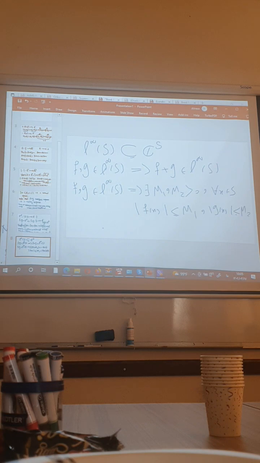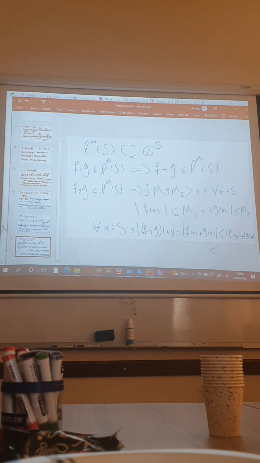Now we see that for any x in S, (f plus g) of x, by our definition, is equal to f of x plus g of x, and this, by the triangle inequality, is less than or equal to absolute value of f of x plus absolute value of g of x, okay?